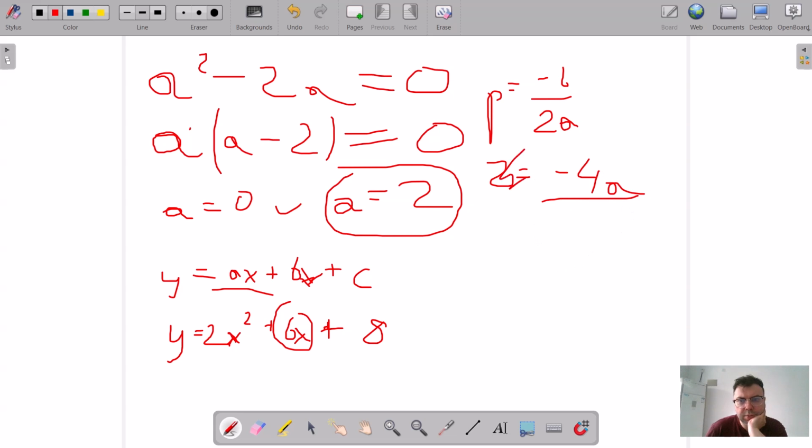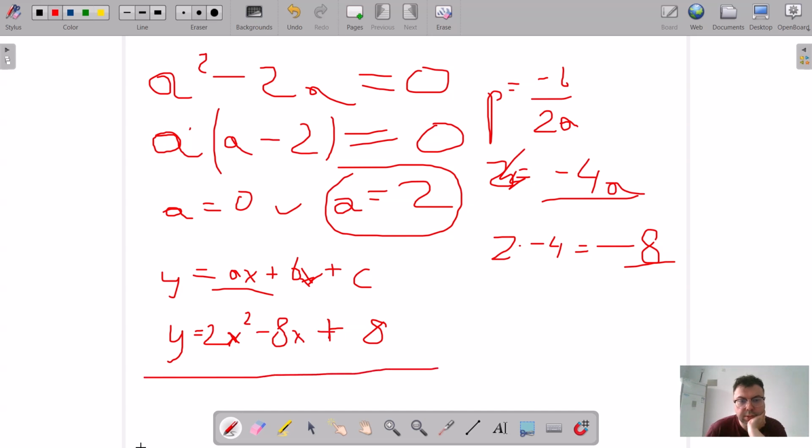So a is 2, and 2 times minus 4 equals minus 8. So we know that b equals minus 8, and we write minus 8x plus 8. And this is the solution.